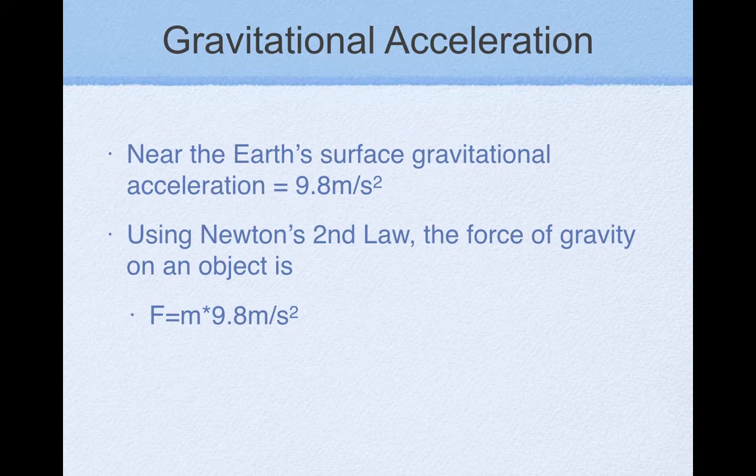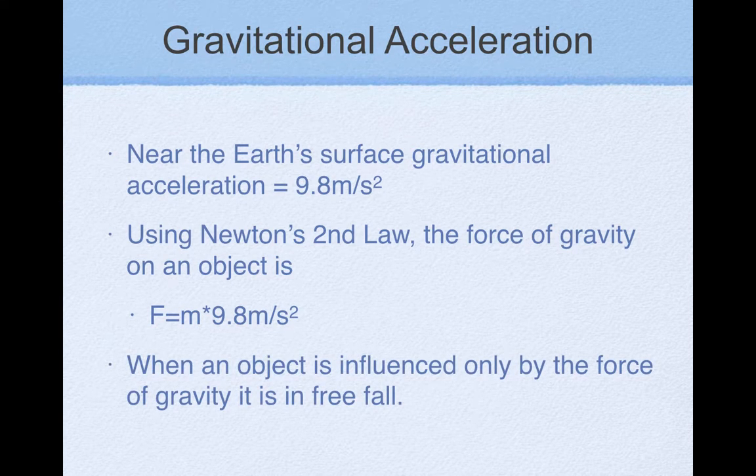So, like I said earlier, we're just using Newton's second law. We can find the force of gravity by F equals ma, plugging in our 9.8 meters per second squared due to gravitational acceleration.